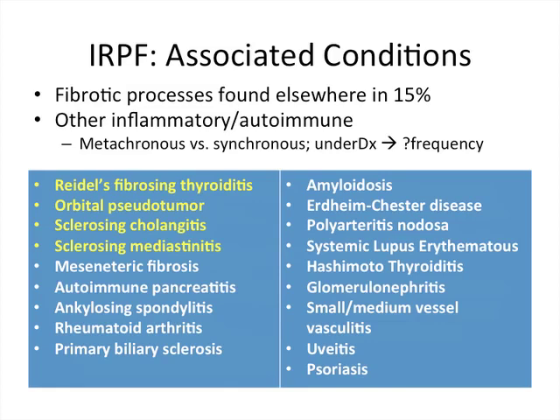Fibrotic processes are found elsewhere in the body in up to 15% of patients, and listed in white there are associated autoimmune conditions, which occur with unknown frequency and may present either metachronously or synchronously with RPF. So the main point of this is basically just to underline again that there may be an autoimmune factor underlying all of this.